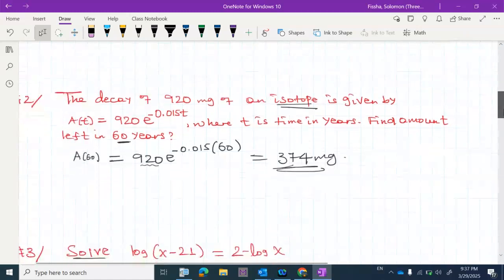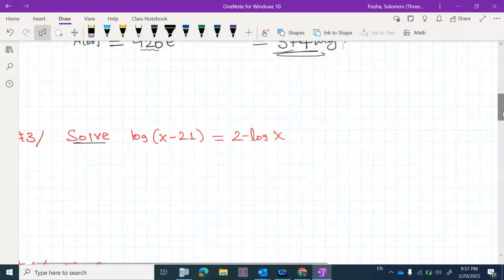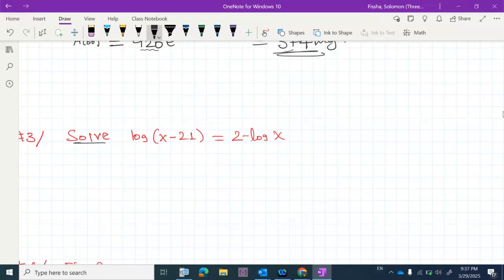All right, next is about logarithms. So you have to remember the rules of logarithms, and you have to apply that. So let's say, for example, solve log of x minus 21 is equal to 2 minus log of x.